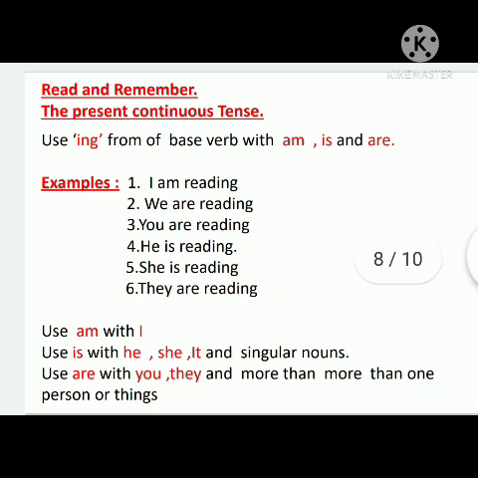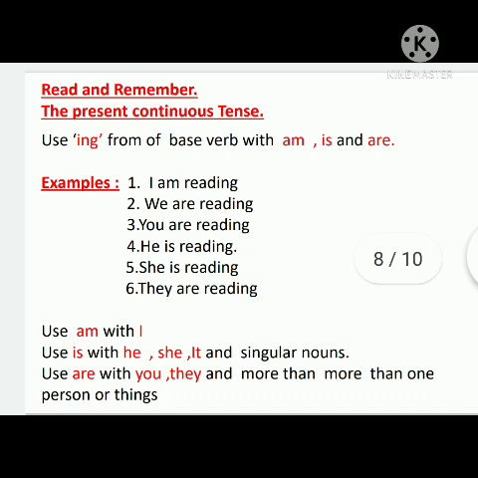Let us know. Example, I. For I, these helping verbs should be used with the proper subject. Am is the helping verb only for the subject I, is is for he, she, it, and are is the helping verb for you, we, they.